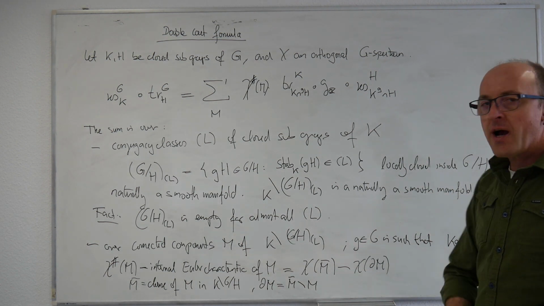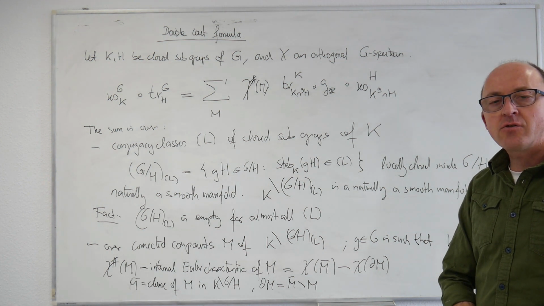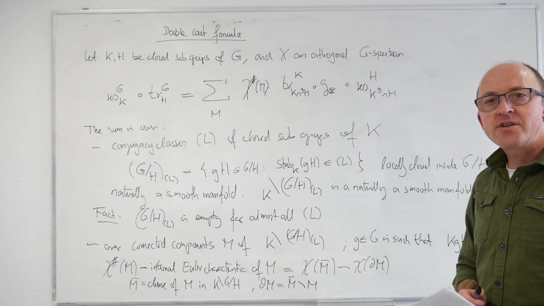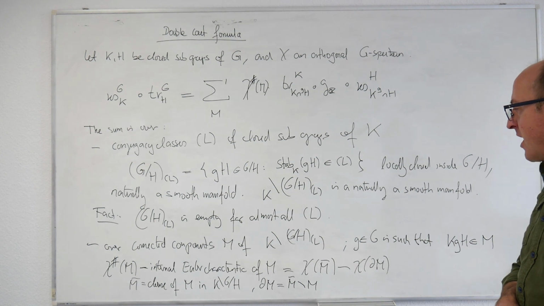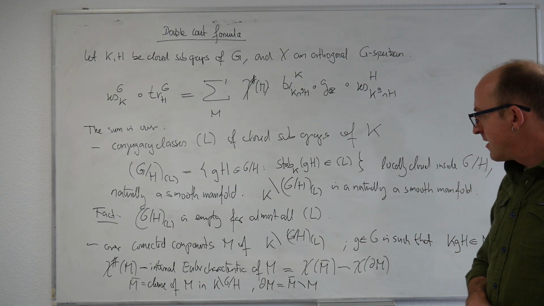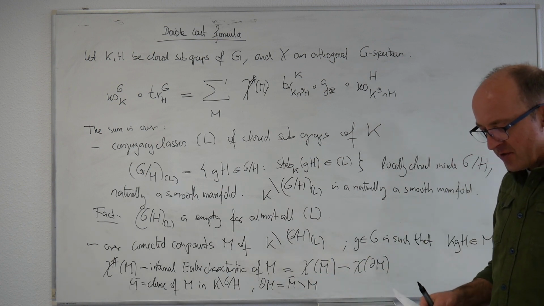And of course, for an arbitrary topological space, if we took the Euler characteristic based on singular homology or cohomology, there would be no reason for this cohomology theory to be finitely generated in finitely many degrees. So there are actually some arguments involved in showing that this Euler characteristic is a well-defined integer, and each of these individually are well-defined integers.